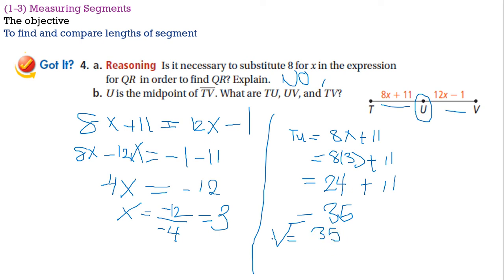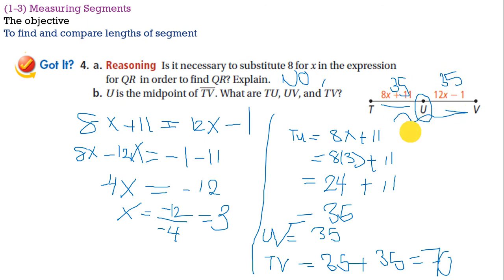Now finally TV, which is the overall, is 35 plus 35, which is equal to 70. Like this, I'm done. I found this one, which is 35. Then since this is the midpoint, that means this segment is also 35. The overall is 70. Done.